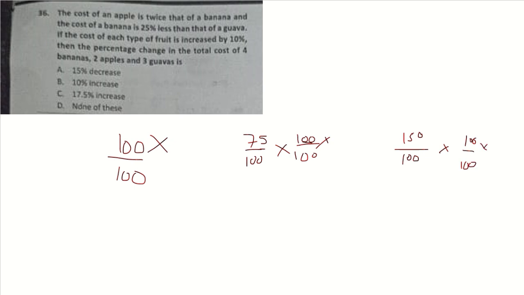Now, if the cost of each type of fruit is increased by 10%, then the percentage change in total cost of 4 bananas, 2 apples, and 3 guavas is what? So, firstly, let's calculate what 4 bananas, 2 apples, and 3 guavas cost previously. So 3 guavas is equal to 3 into 100 by 100 of x.